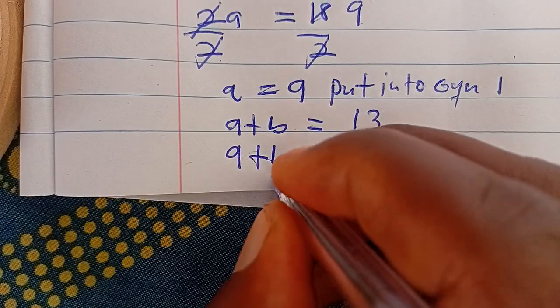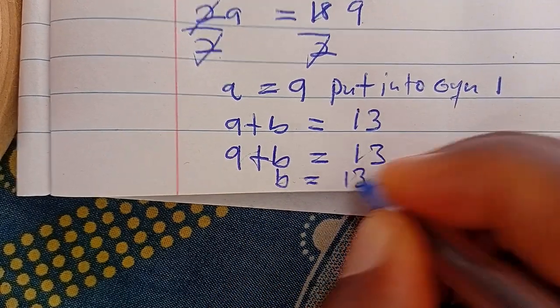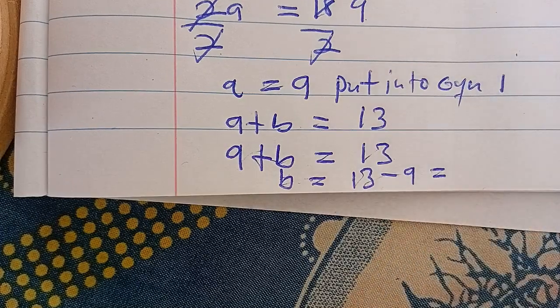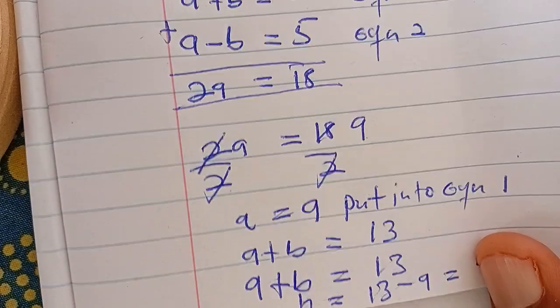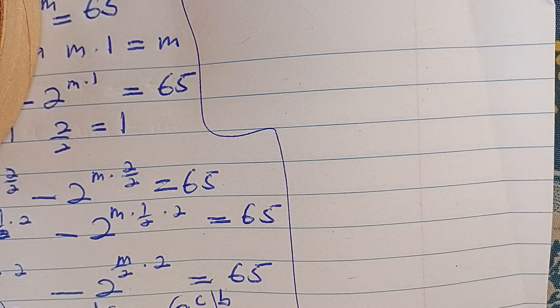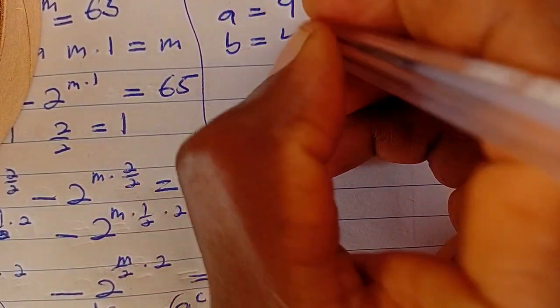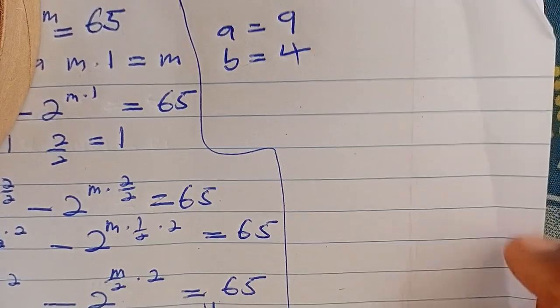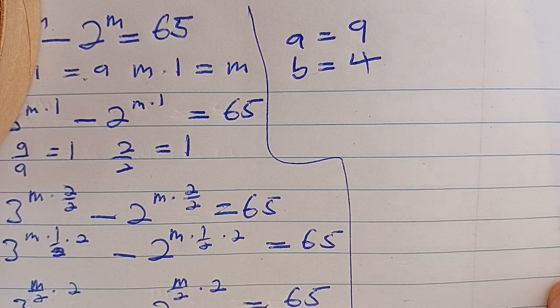So b is equal to 13 minus 9, which gives us 4. So now we know the value of a as 9 and the value of b as 4.